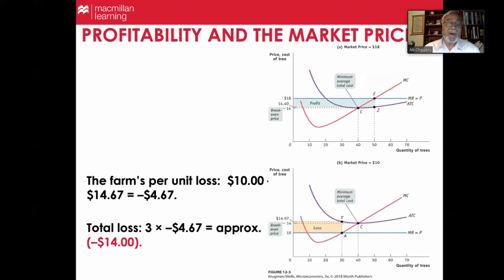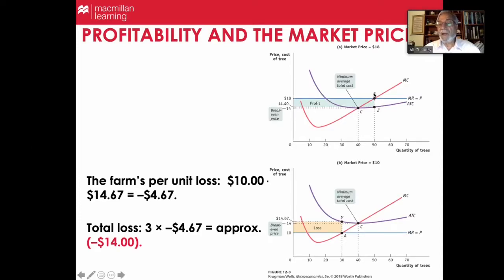Now, if the farmer actually gets to a point where, if you look at 30 trees, right? What's the situation here? Their average total cost is higher than the price, all right? So we find that they're going to be losing money, and that picture shows the loss. The graphs are usually designed to help us visually understand where the firm is going to operate.